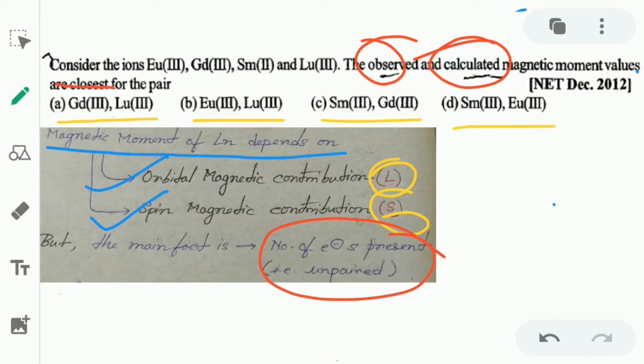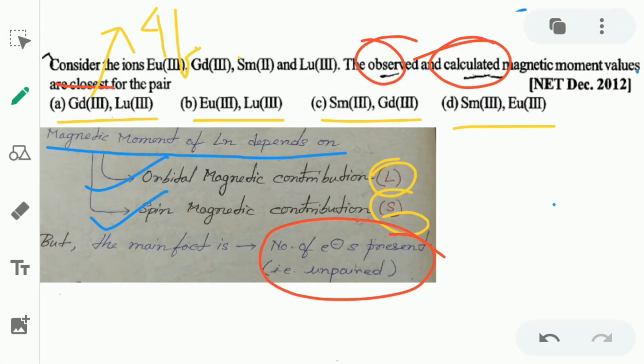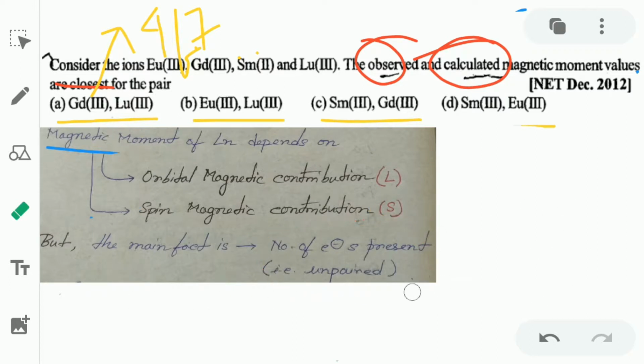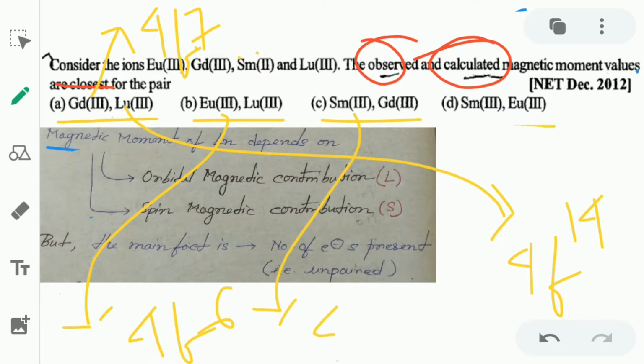At first, we all know that gadolinium-3 has the electronic configuration 4f7, and lutetium-3 has the electronic configuration 4f14. Tb-3 has electronic configuration 4f6 and samarium-3 has electronic configuration 4f5.